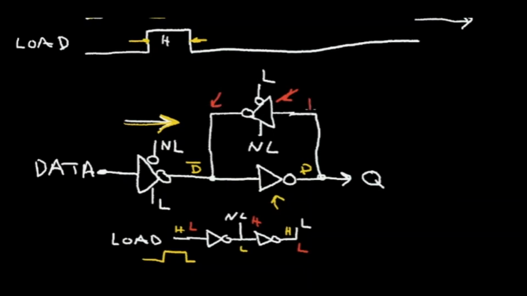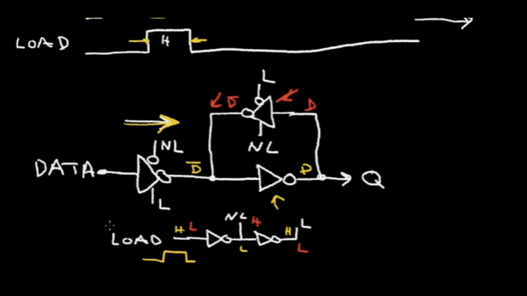So it'll take this data here, invert it to not data, and the data will just be locked up in these two equivalent inverters. And at that time, the input tri-state driver becomes non-conducting. It is out of the picture. So you can see how this latch works.